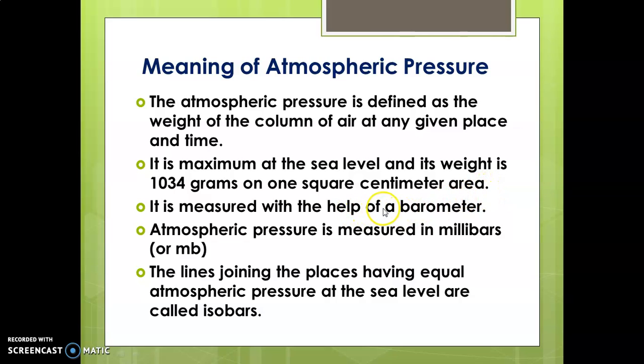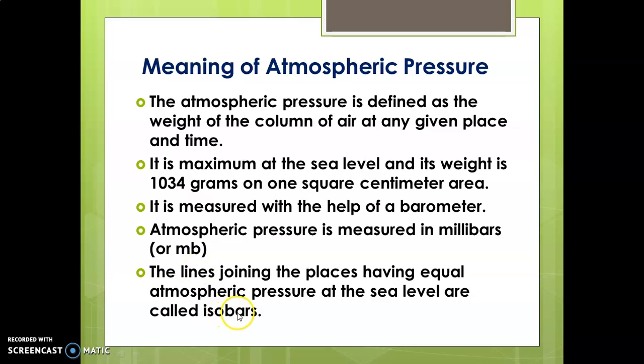The instrument used to measure atmospheric pressure is the barometer. Barometers are of two types, aneroid barometer and Fortin's barometer, and we know the aneroid barometer is light and we can carry it anywhere. Atmospheric pressure is measured in millibar or MB. So the unit of atmospheric pressure is millibar.